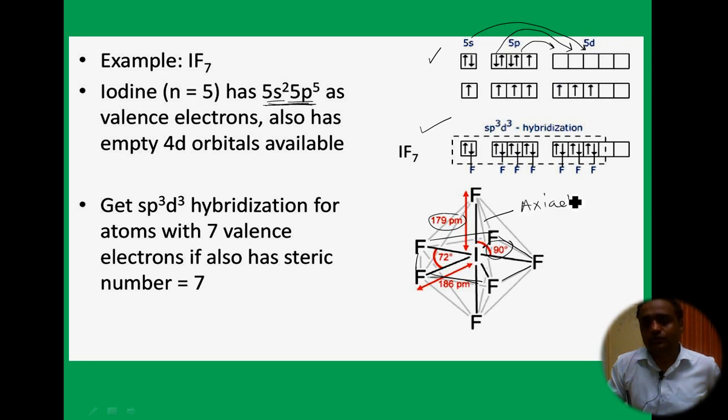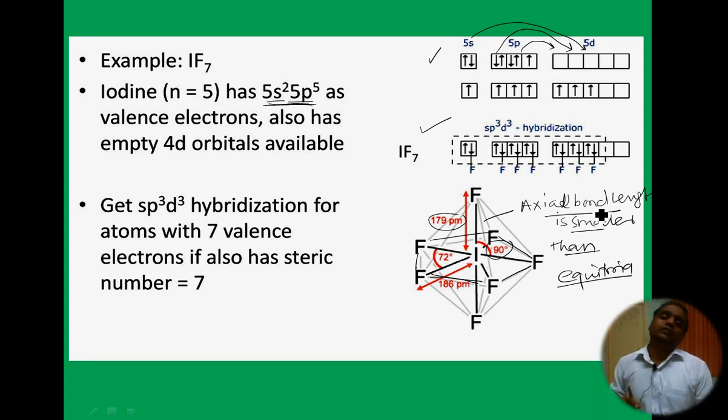The only difference is that the axial bond length is smaller than the equatorial, and this is valid in most compounds.